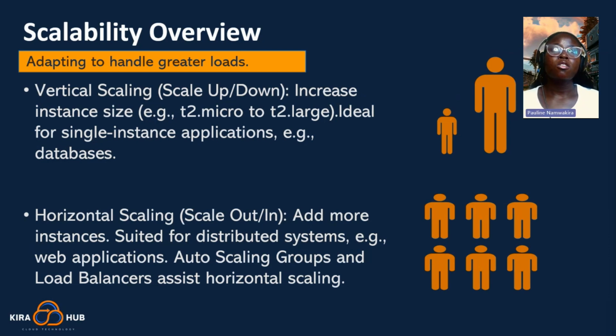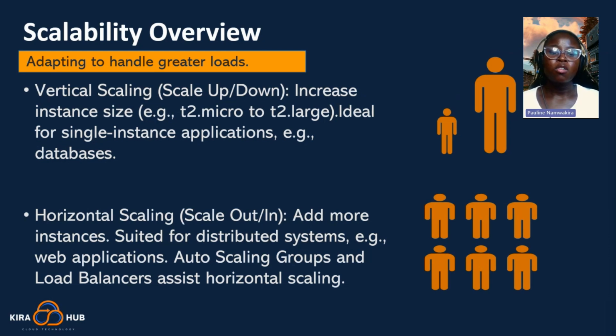In terms of horizontal scaling, scaling in and out, this involves adding more instances rather than enlarging one. So vertical scaling, we are enlarging it. Horizontal scaling, we are adding more instances. And we use auto-scaling groups, which automatically adjust the instance count as demand changes.